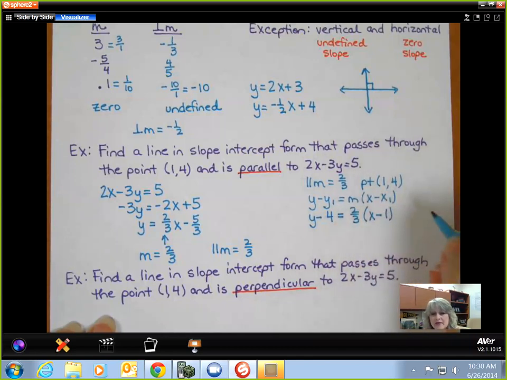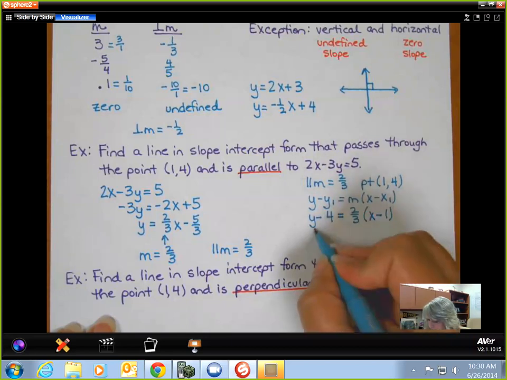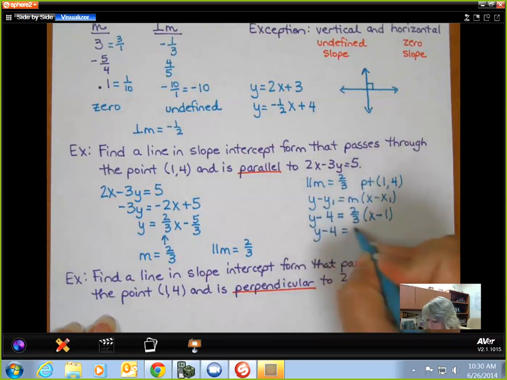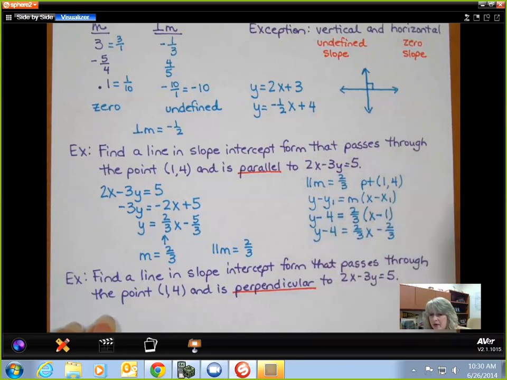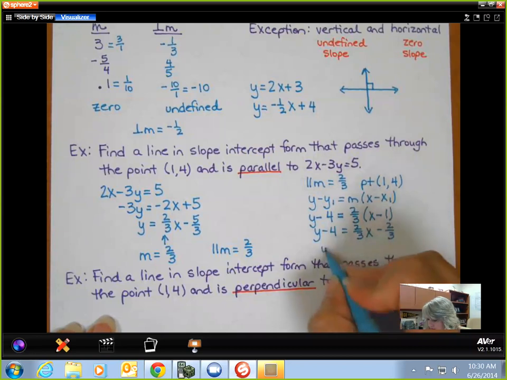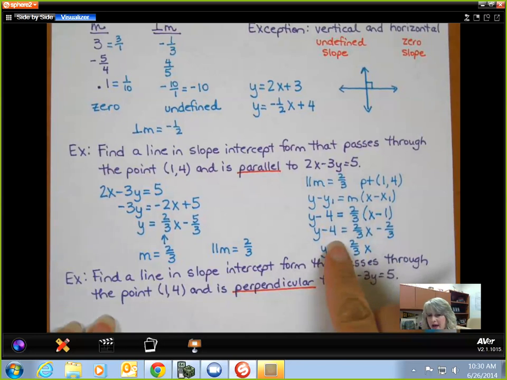And then we're going to simplify that. We're going to distribute the 2/3. So y minus 4 equals 2/3 x minus 2/3. And then we're going to add 4 to both sides. So y equals 2/3 x. Now, when you add 4, if you think about it having a denominator of 3, this is the same thing as 12/3.